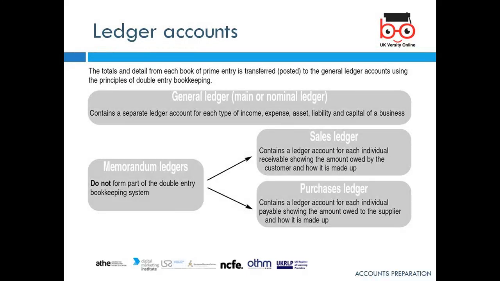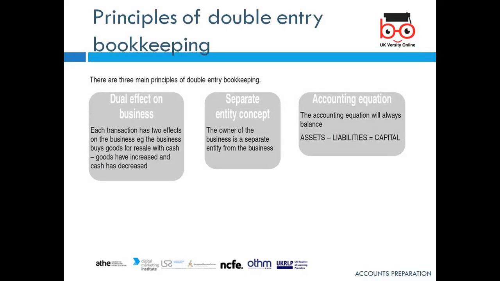So journal, ledgers, nominal ledgers, like sales ledgers, purchase ledgers, those show the sales and the purchases. Dual effect, everything we have in accounts, double entry bookkeeping has a dual effect: a debit and a credit, which we'll go through on the next slide.